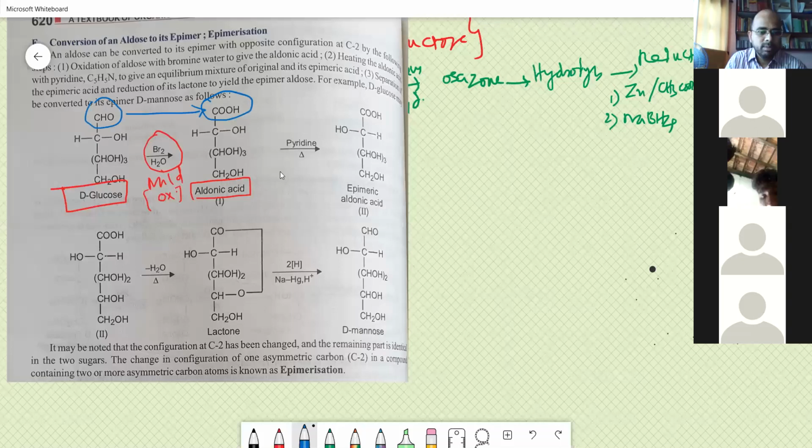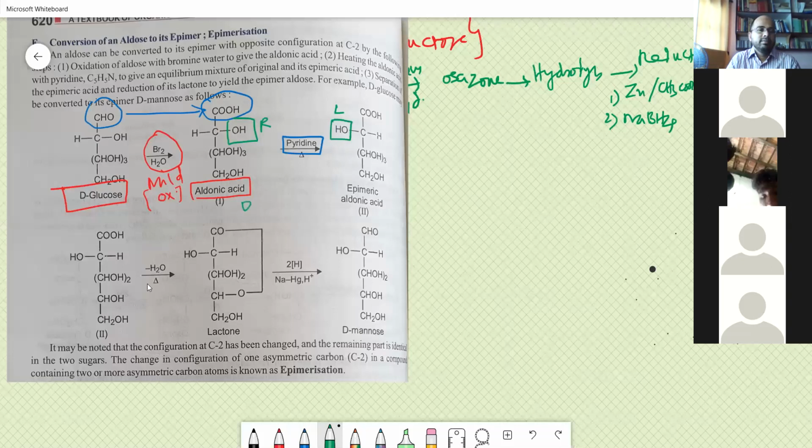So this is the process of the conversion. Okay, what has happened when you use pyridine? You can see that the OH that is on the right side is now on the left side. Okay, so this is an aldonic acid. Suppose if this is D-aldonic acid, this will be L-aldonic acid. That is why you call it the epimeric aldonic acid.